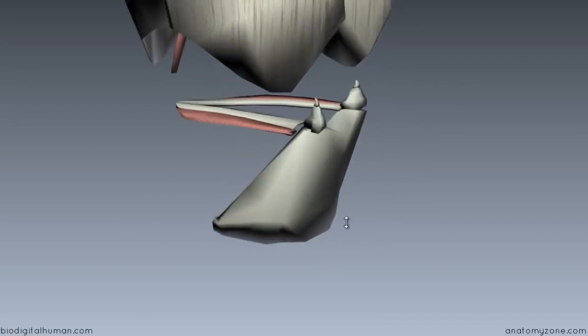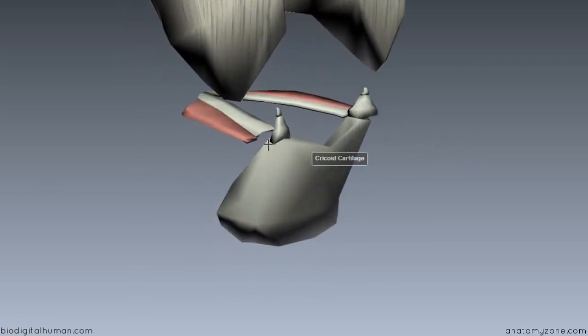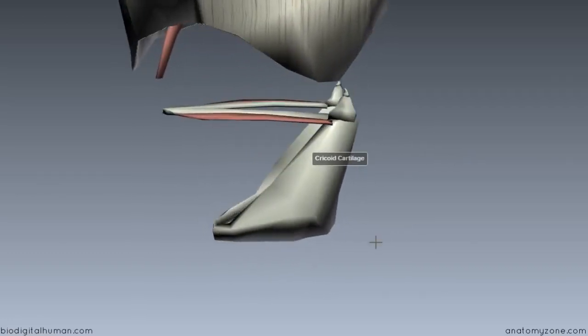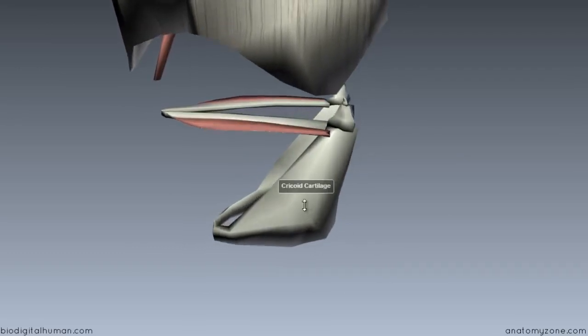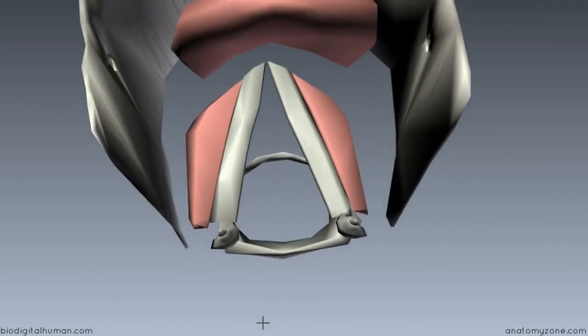The next muscle is the lateral cricoarytenoid, and this originates on the upper part of the cricoid arch. So it sits laterally on the cricoid cartilage, and it inserts again onto the muscular process. But because of its different origin, it's going to produce a different action on the arytenoid. Because it sits in front of the muscular process, when it contracts, it's going to produce the opposite action to the posterior cricoarytenoid muscle.